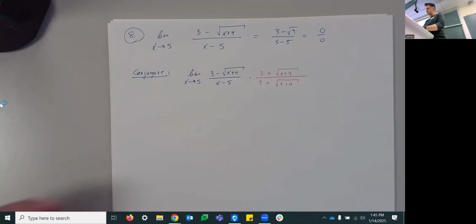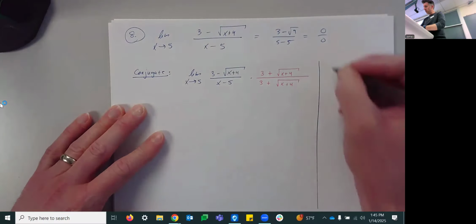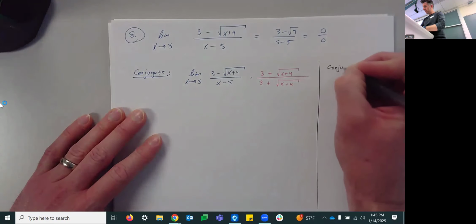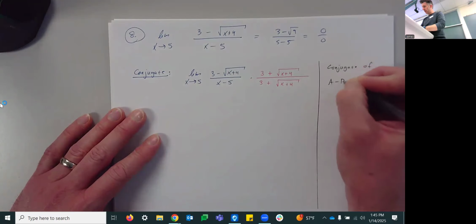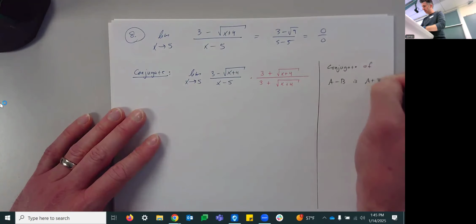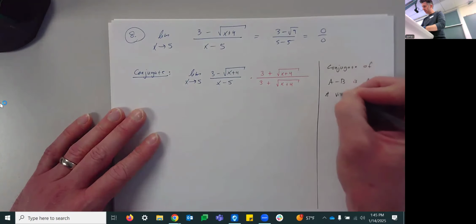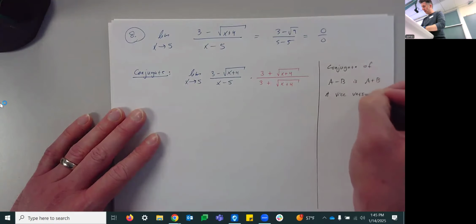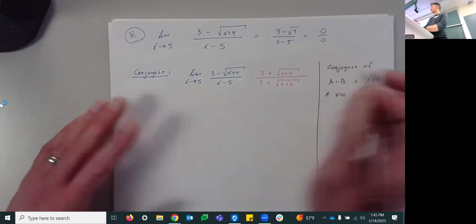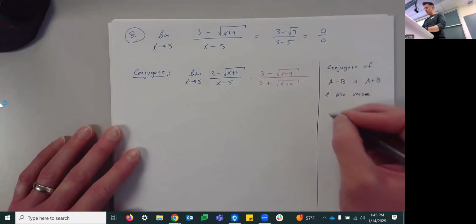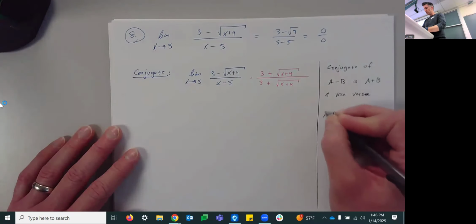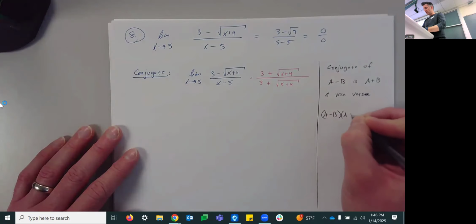So, terminology: the conjugate of A minus B is A plus B, and vice versa. Or you could just say A minus B and A plus B are conjugates. And the nice thing about conjugates is when you multiply them together, the middle terms add up to 0.